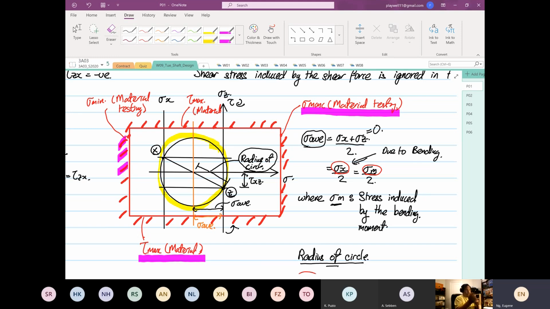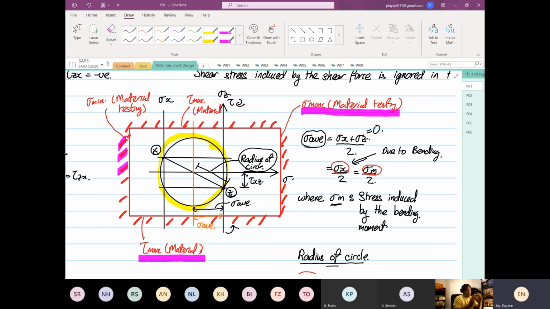Then from here you specify your shaft under combined loading, but the property we use is also under uniaxial tension or compression or shear.